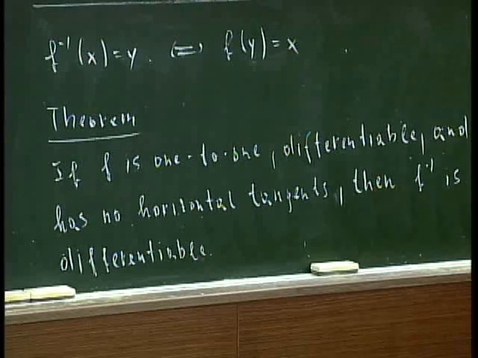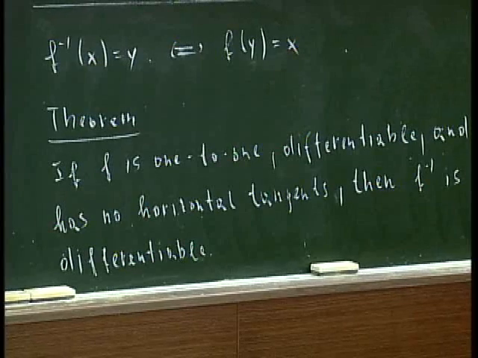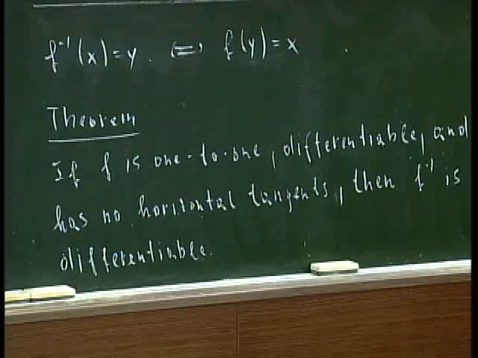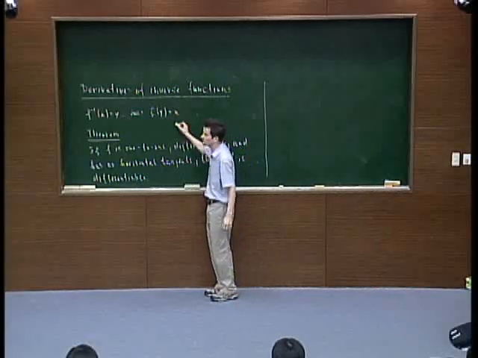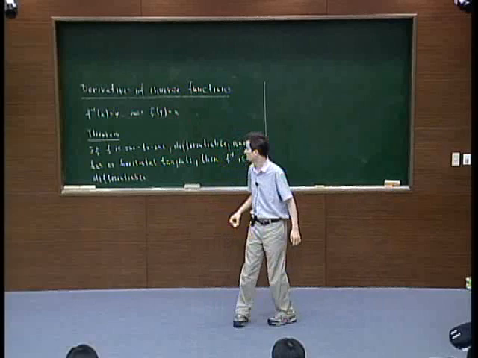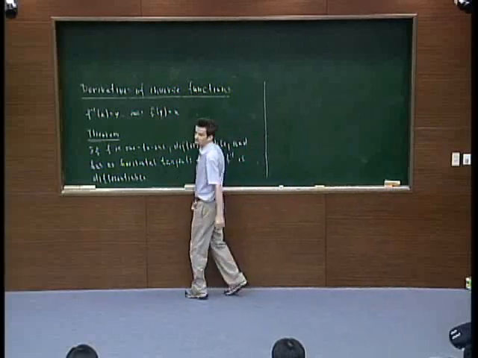I told you before that in most cases we do not care about the assumptions and just use implicit differentiation. This is the only case where we care about the assumptions. So we need this theorem, and we need that the function is 1 to 1. Then we can use the method of implicit differentiation.